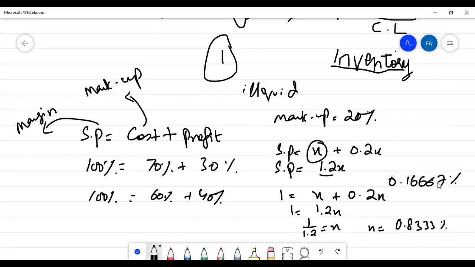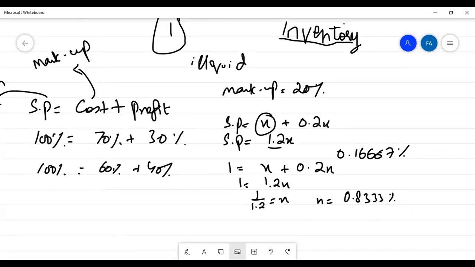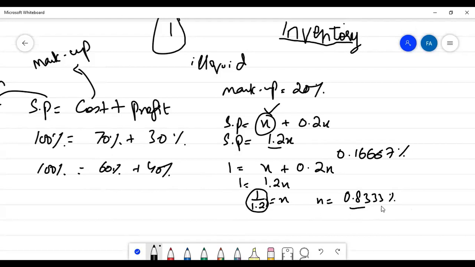Have you got this concept clear? Yeah, I got it. Because here we were assuming that this is x, and we got the x value in the end, which was 0.833, which was not the percentage. If we convert it into percentage, it will be 83.3333%.